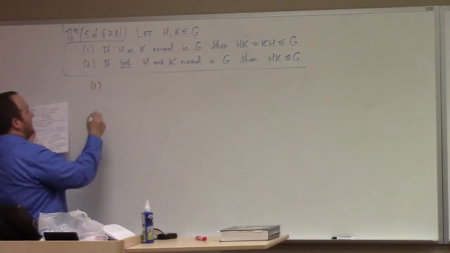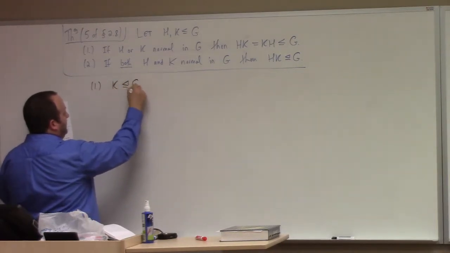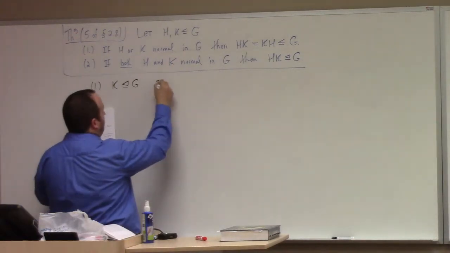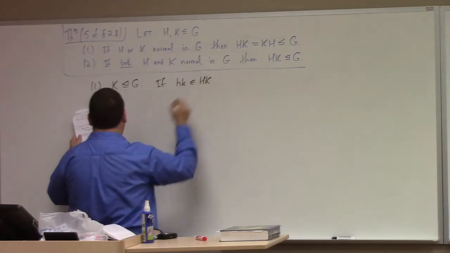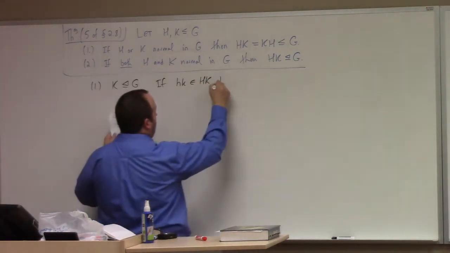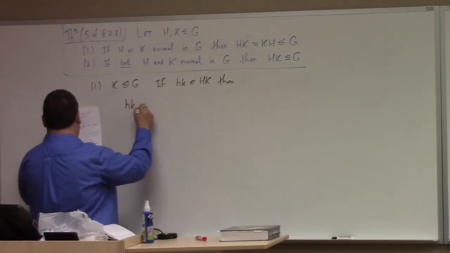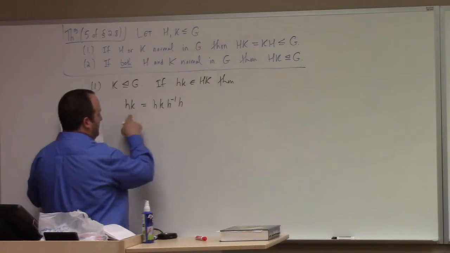For 1, without loss of generality, suppose that K is the normal subgroup of G. Then if we have hk, notice that hk equals h k h inverse h, because I just multiplied by the identity here.